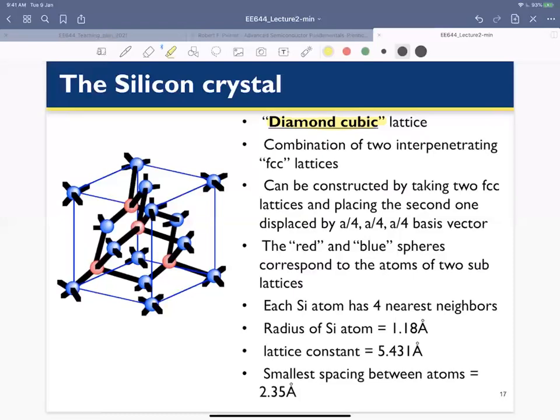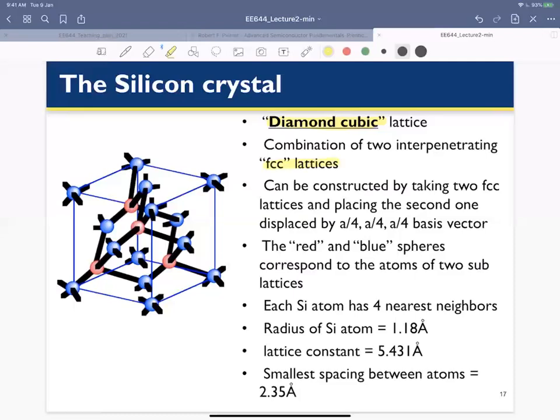The interesting thing is that the silicon crystal is the combination of two interpenetrating FCC lattices, right? I have another slide to tell it very clearly.